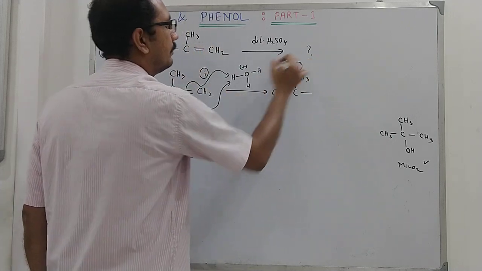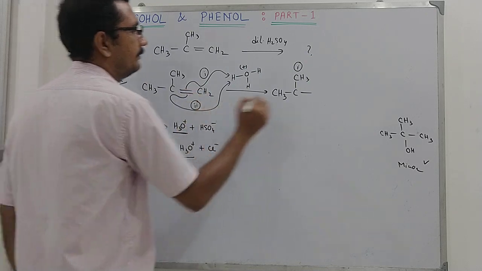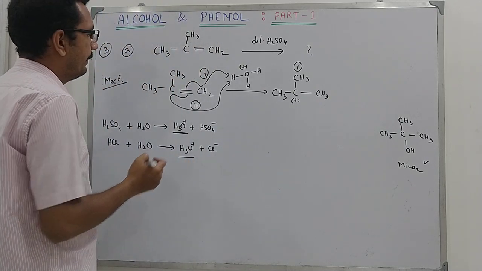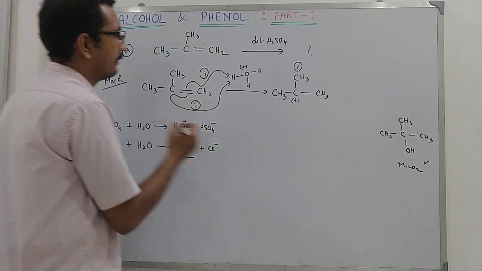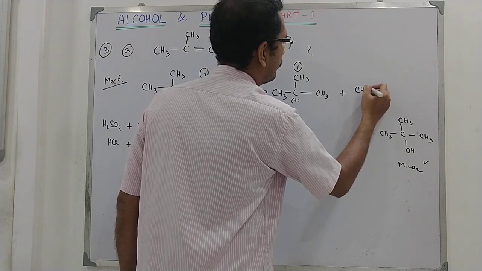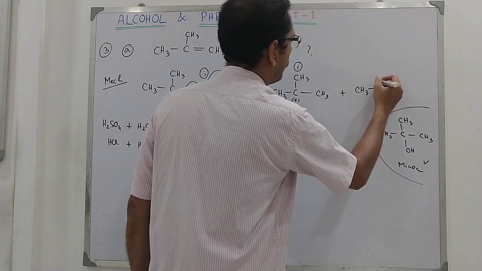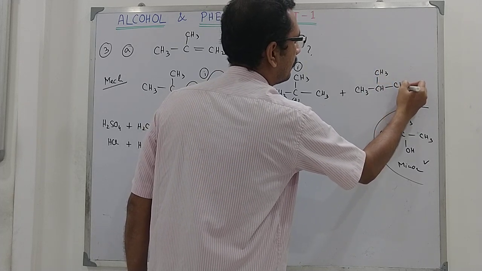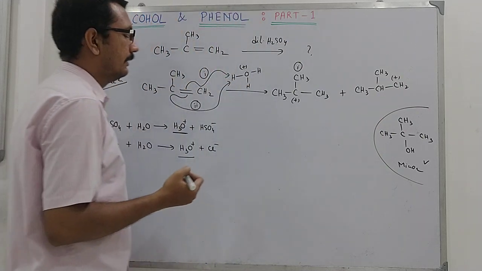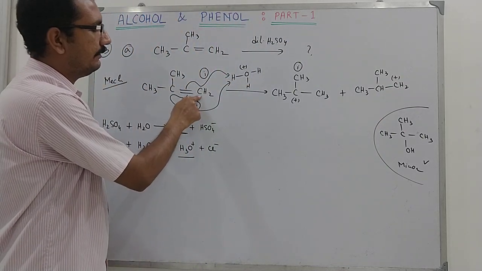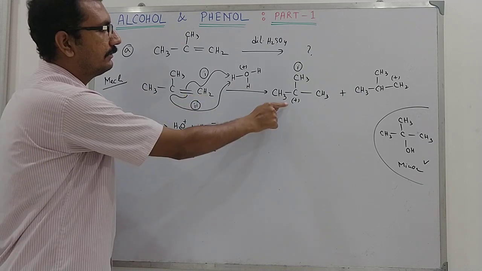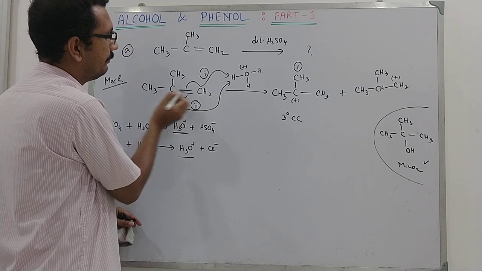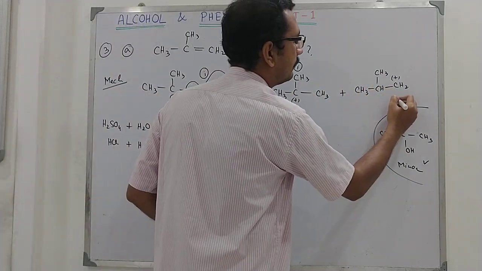In path 1, we will have CH3 here, and here it is plus, and in path 2 we will have H plus here. If the H plus attacks at this position, we will have a 3 degree carbocation, and if the H plus attacks at this position, we will have a 1 degree carbocation.